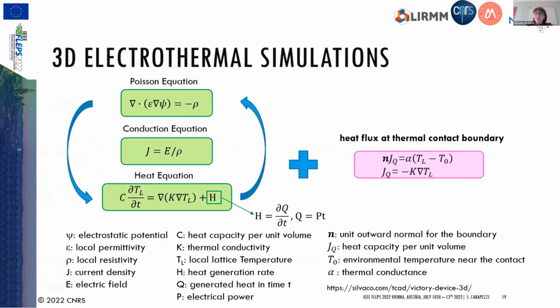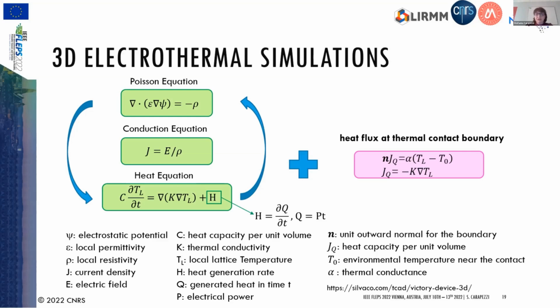The TCAD simulation also gives you the possibility, for instance, to take into account the thermal boundary conditions, which are quite important when you want to capture the thermal behavior correctly. So for instance, in this case, what I set is the heat flux at the thermal contact.